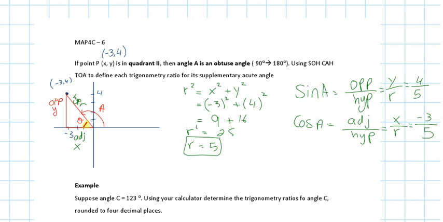Do we know that? Did we expect that cosine to be negative? Yes, because my angle is an obtuse angle. Remember that. This is the measurement of the angle that I'm looking for, right? This here is just my supplementary angle, okay?